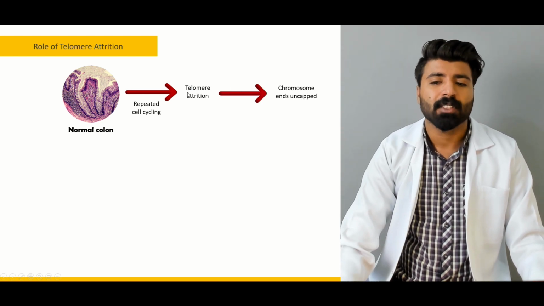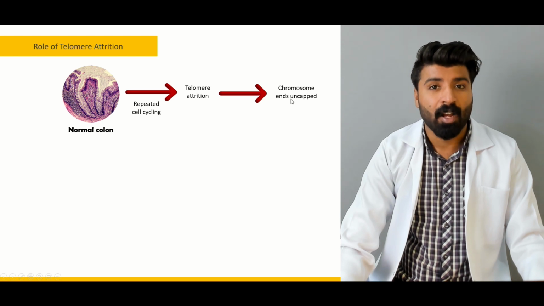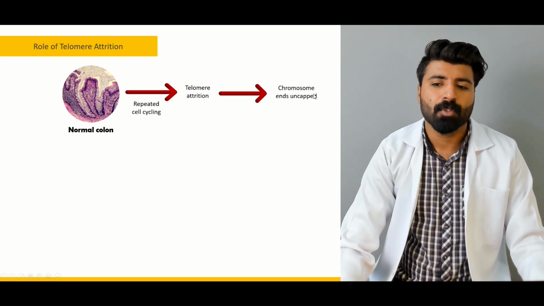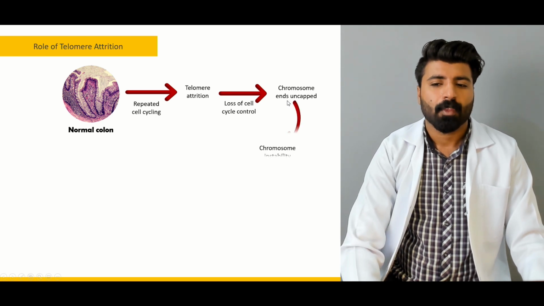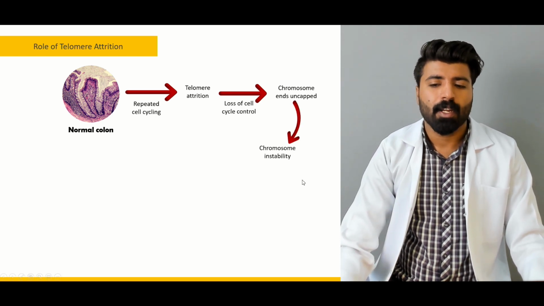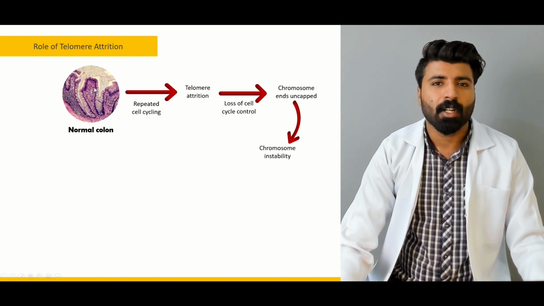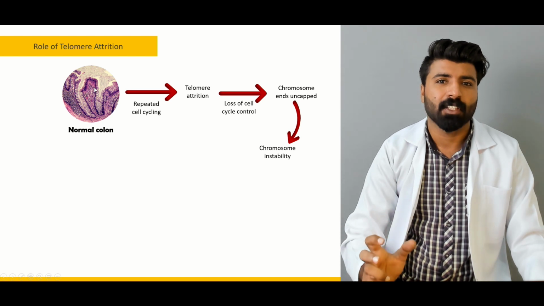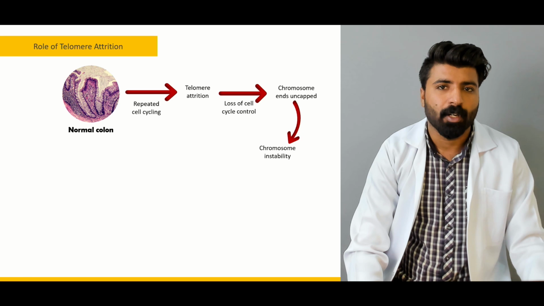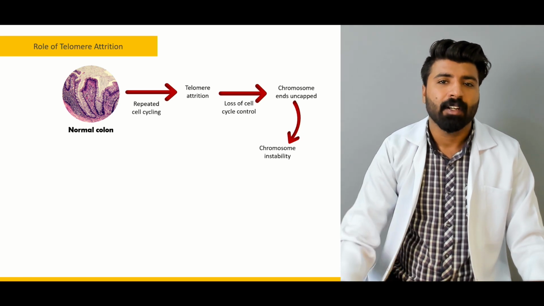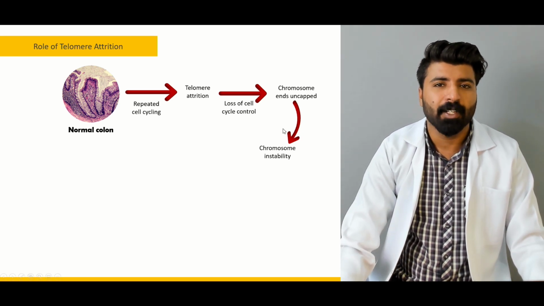So chromosome ends are uncapped now. When the chromosome ends are uncapped, chromosomal instability will be happening. Colorectal carcinoma actually has two pathways from which it can develop, but the one we are discussing here is because of chromosomal instability.